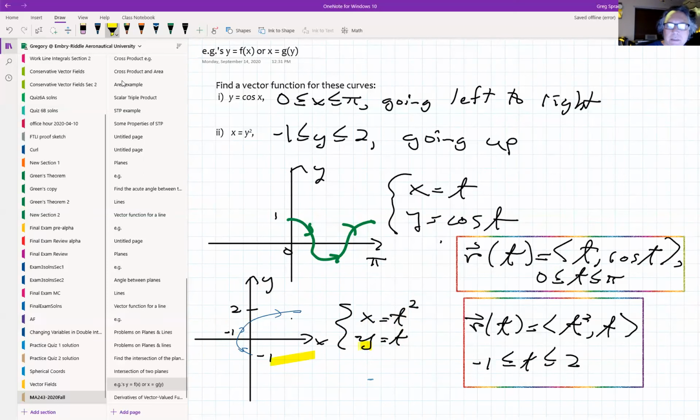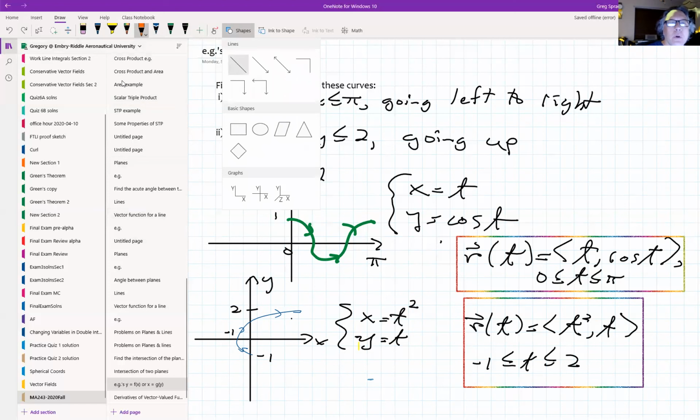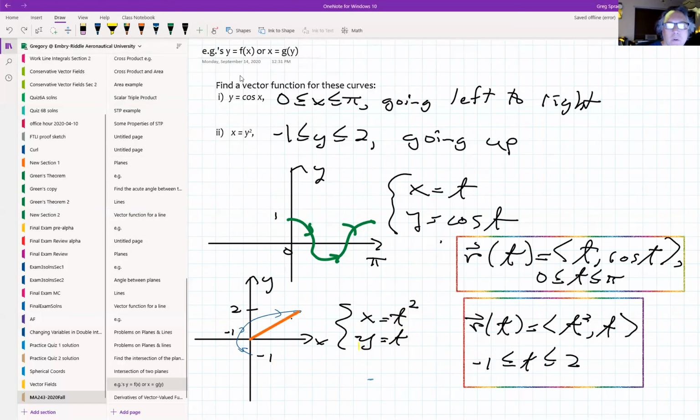And since as t increases, y increases, the direction is going up. And I'll draw a couple vectors there. R of 2 is 4, 2. That's what r of 2 looks like. I'll just draw one example.